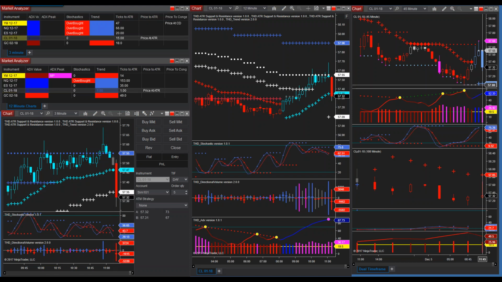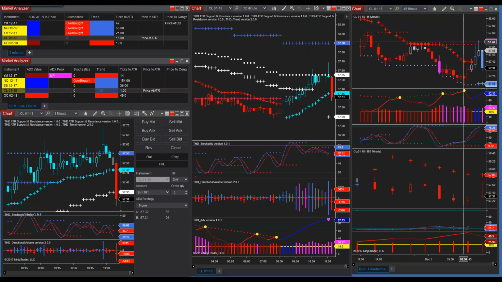But it should actually come back to the 57.09 on the 45-minute chart. That would be typical price behavior. I'll put it that way.